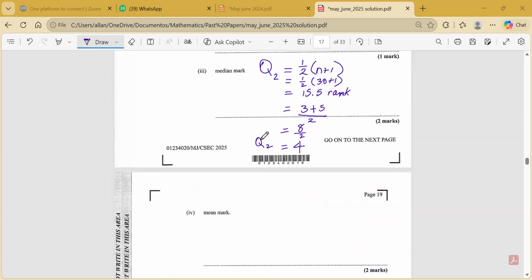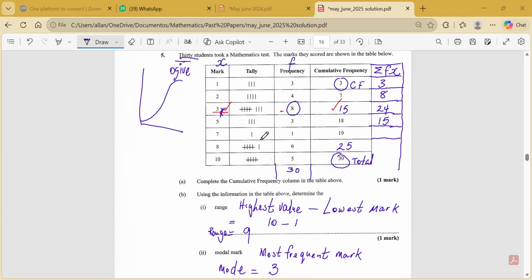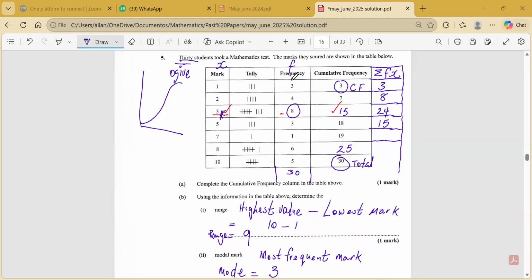Now we're looking at the mean. For the mean mark, you have to multiply f, the frequency, by the mark. So that's what we are doing now. 3 by 1, 4 by 2, 8 by 3, 3 by 5, 1 by 7.